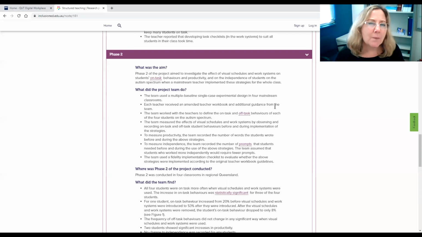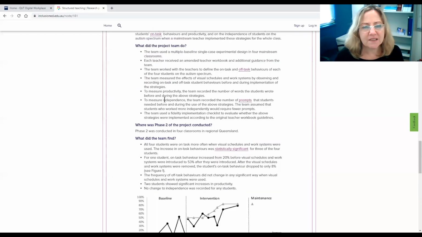And so this is much more around looking at each student in isolation and looking at their individual responses as you implement or withdraw the practice. It tells us down here also something about fidelity. So this is going to be quite an interesting thing to work out.